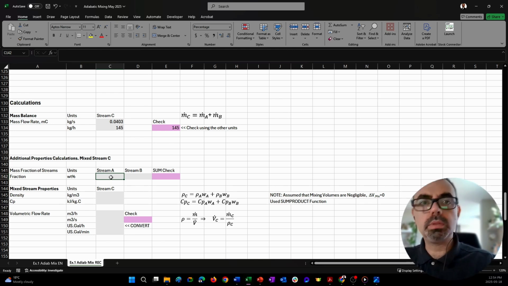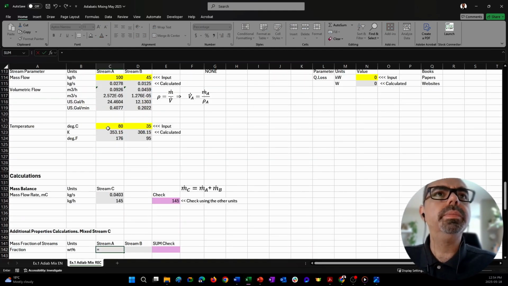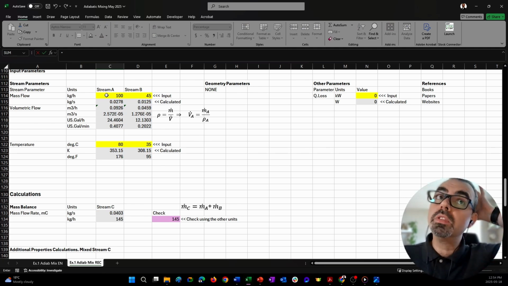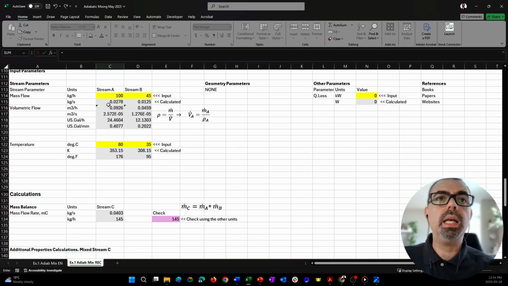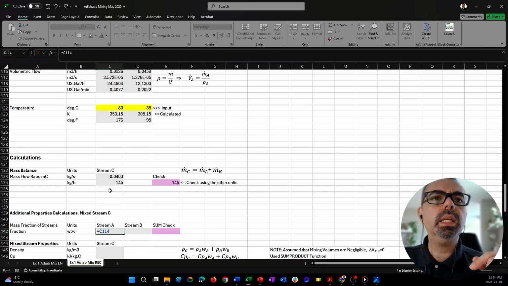So I just need to start assembling the formula. It's going to be the mass of stream A. I can use whatever number in kilograms per hour or kilograms per second, as long as I keep the units consistent. So I'm going to use the kilograms per hour. So it's going to be this value divided by the total mass.